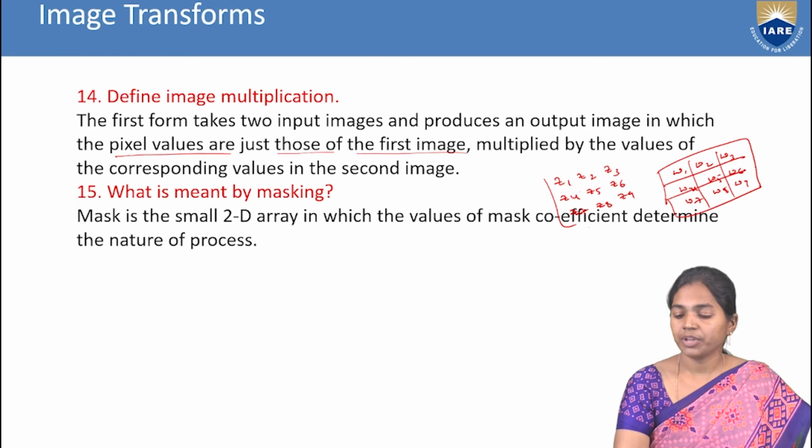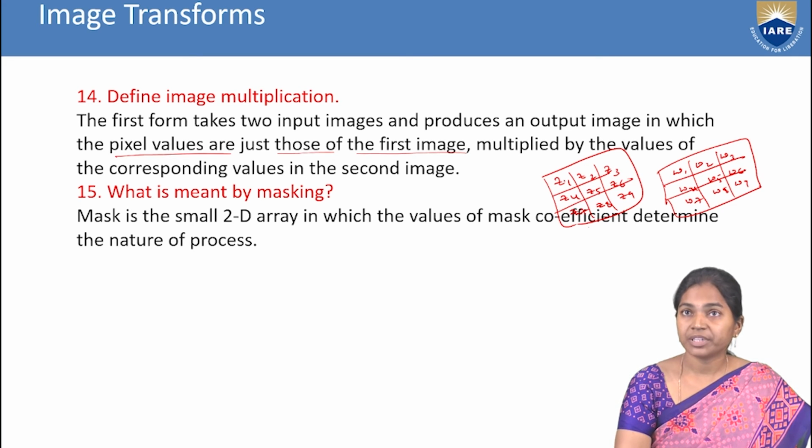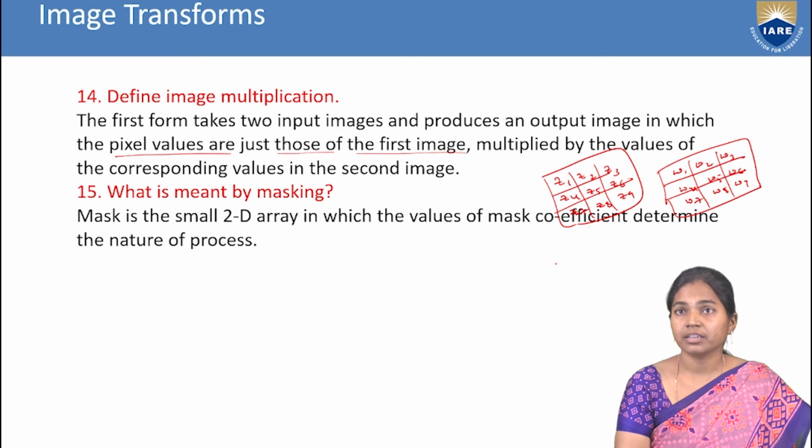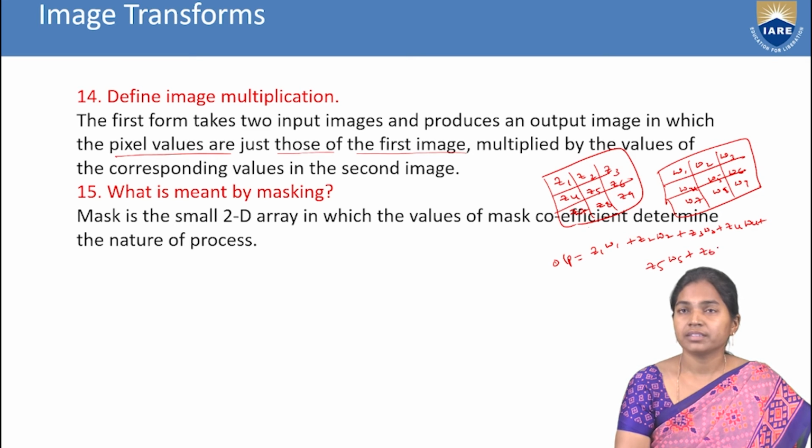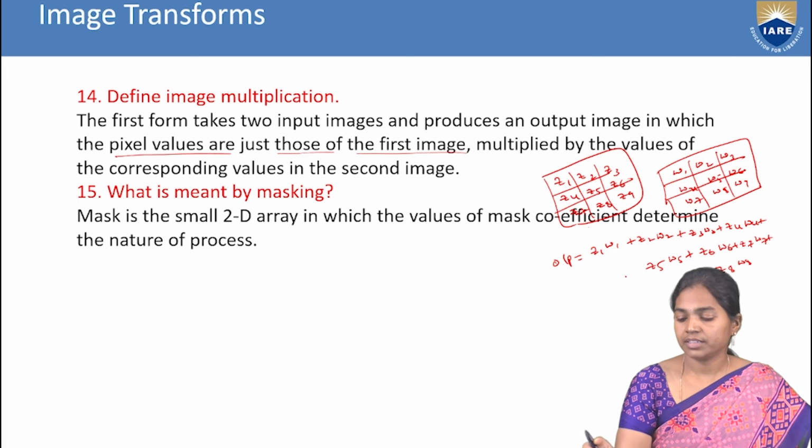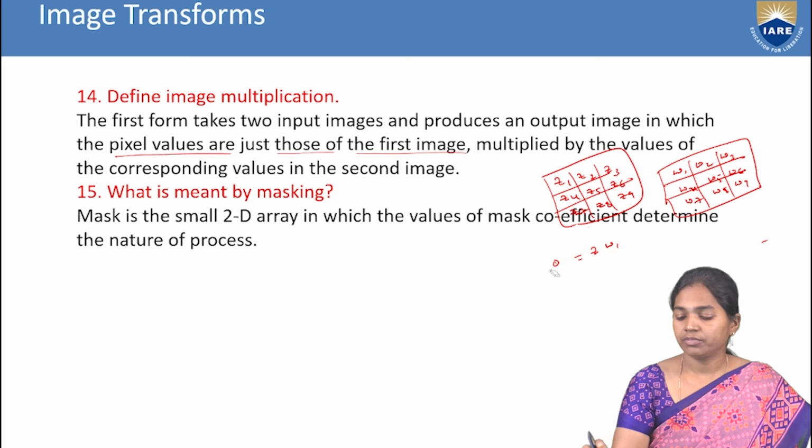This is the filter mask, which we apply on each and every pixel of the subimage. The output is Z1 into W1 plus Z2 into W2 plus Z3 into W3 plus Z4 into W4 plus Z5 into W5 plus Z6 into W6 plus Z7 into W7 plus Z8 into W8. Whatever the resultant is, it is stored in the Z5 location.